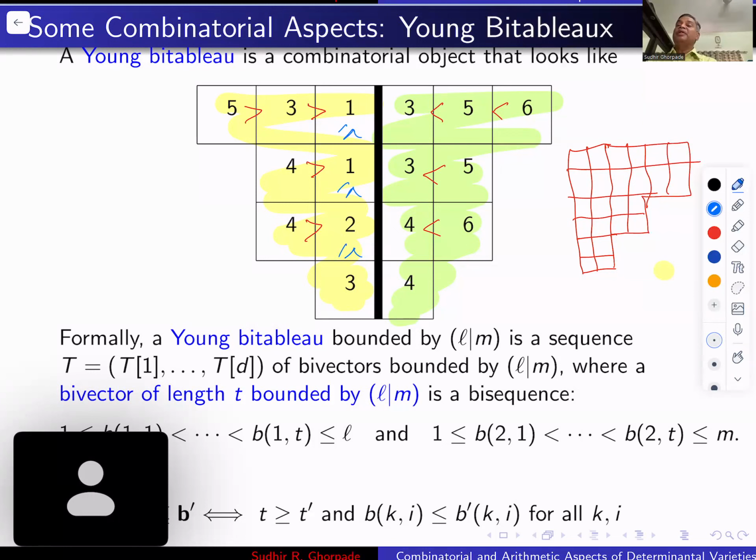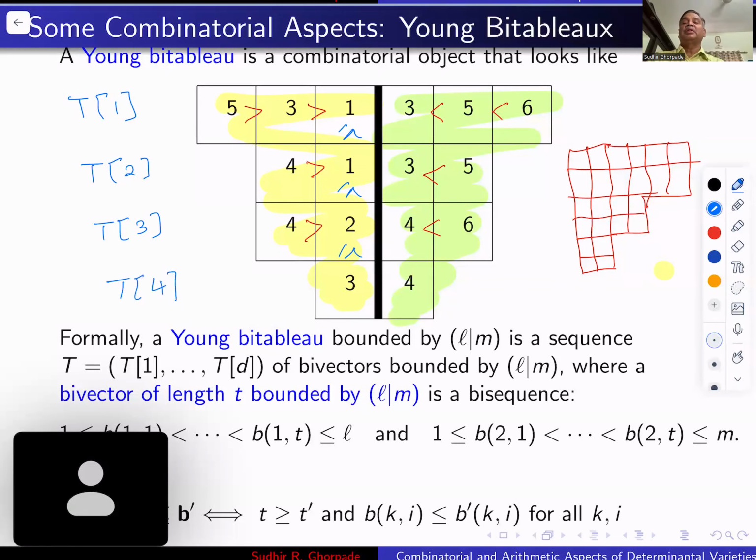So formally, what is a Young tableau? A Young tableau is a sequence of what I will call bivectors. So this is maybe the first row, which is the first bivector, the second row, the third row, and so on.